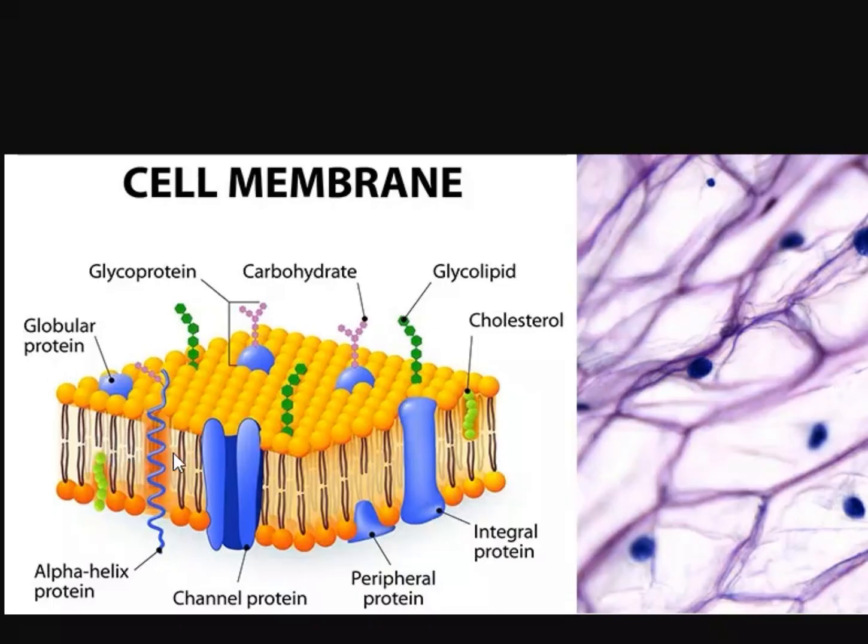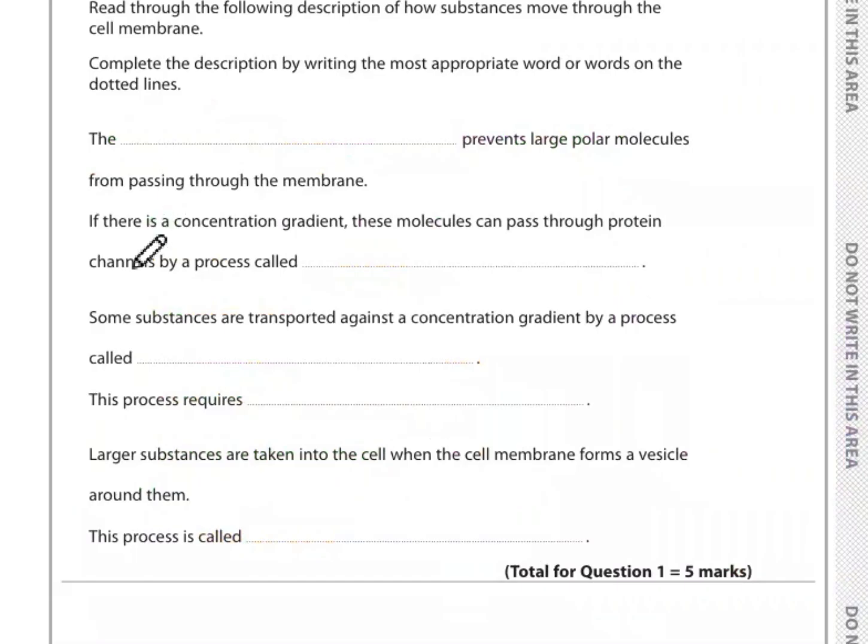In the cell, they are arranged in a way that they form a bilayer, and due to this bilayer, not every molecule can enter into the cell. It protects us from the external environment, from the outer membrane part to the inside. Okay, so let's move on to the question.